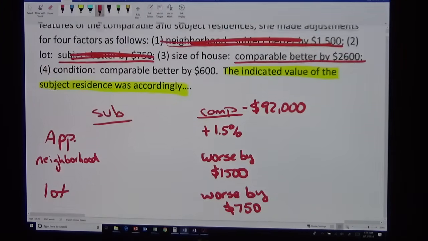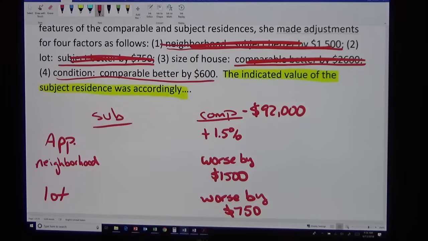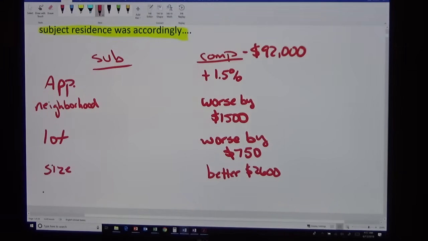And then finally, condition. The comparable is better by $600. Okay? So condition. Comparable is better by $600.